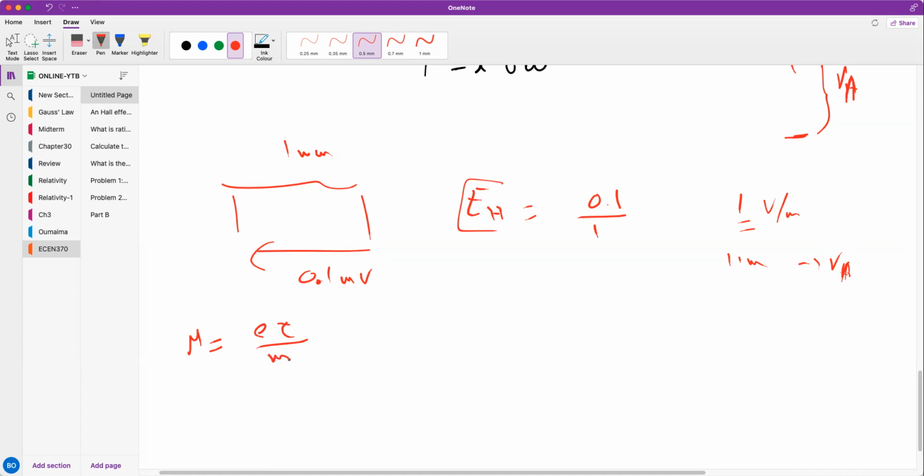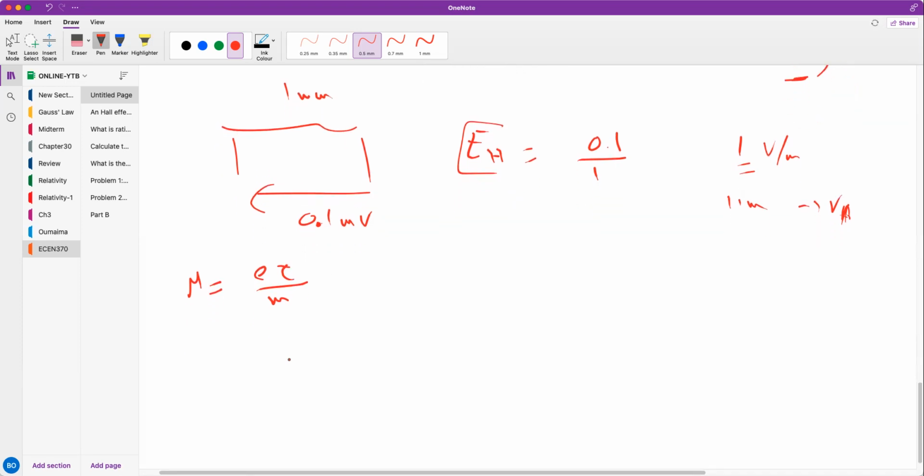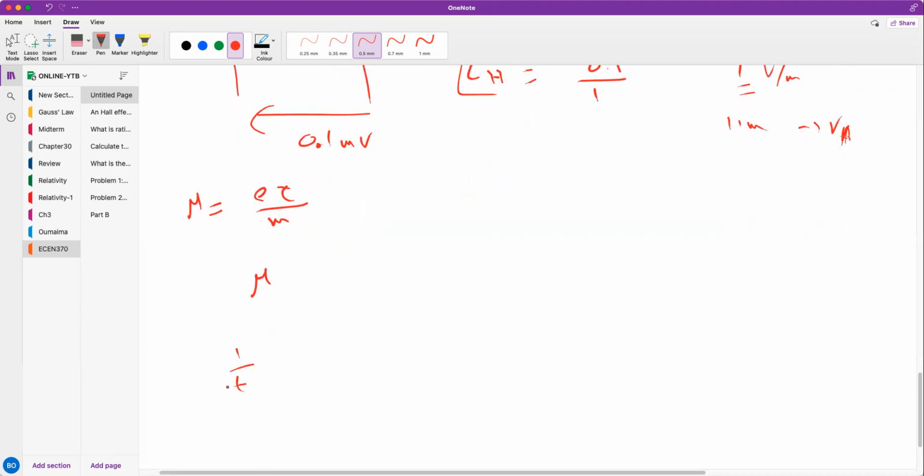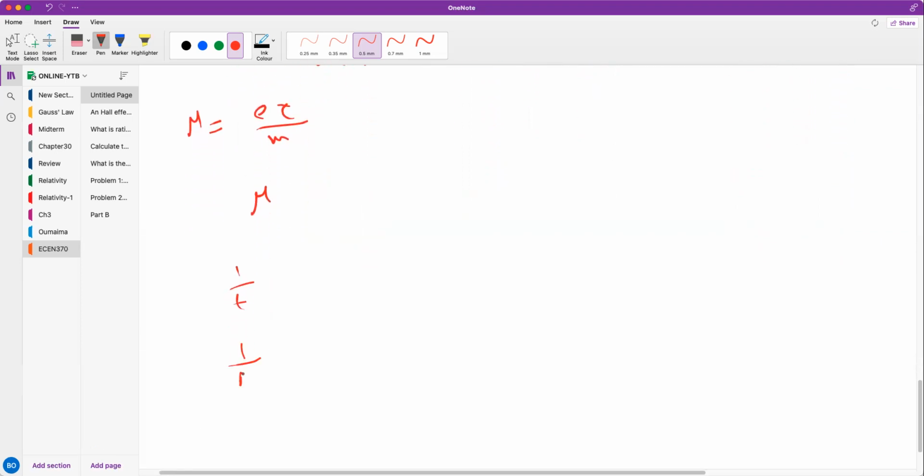I will give you, not in the quiz, for example, this: what is the definition or formula of the mobility? Does it depend on 1 over time, 1 over magnetic field, or 1 over electric field? So it could be none of them. It was just a question with whatever formulas, and then the answer was none of the above.